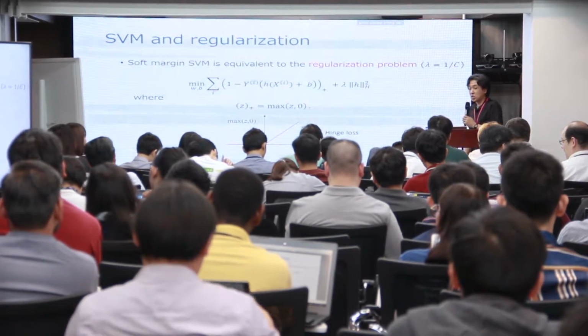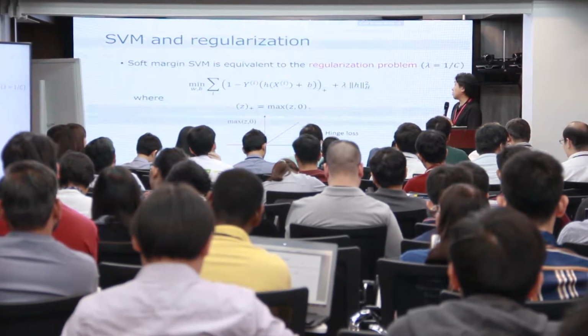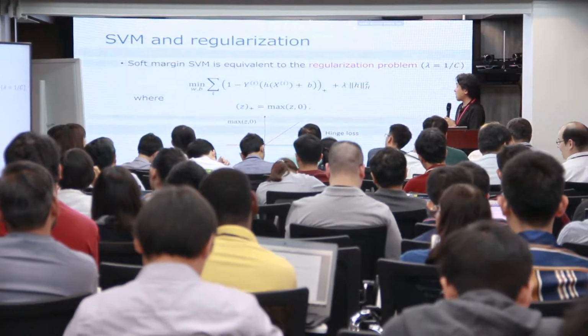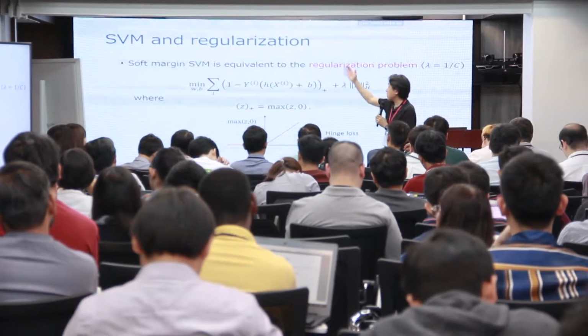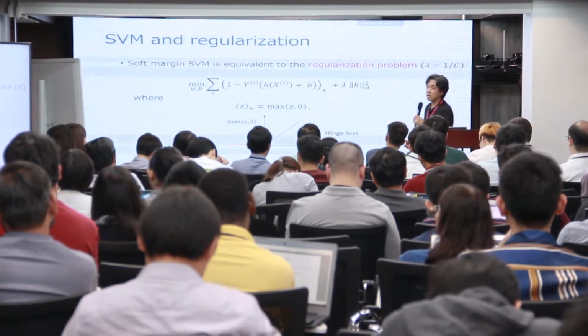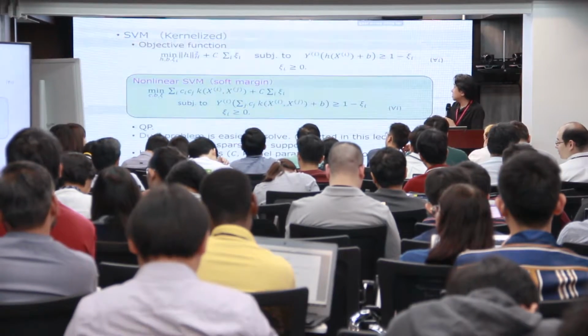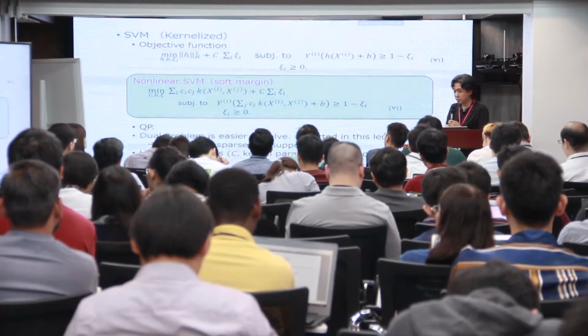So in this other interpretation, the objective function of the SVM is given by some sort of loss function plus regularization. This is exactly the same as the previous expression.